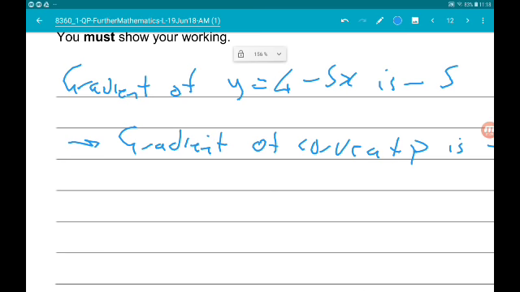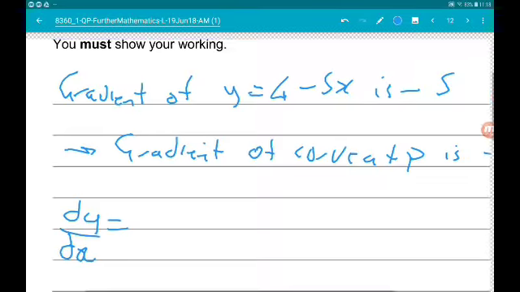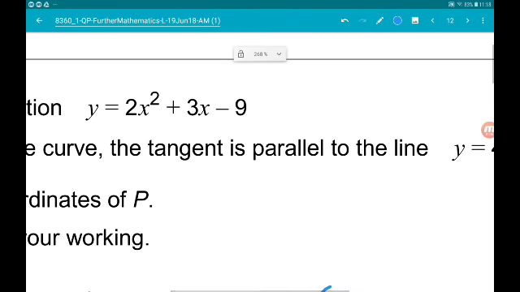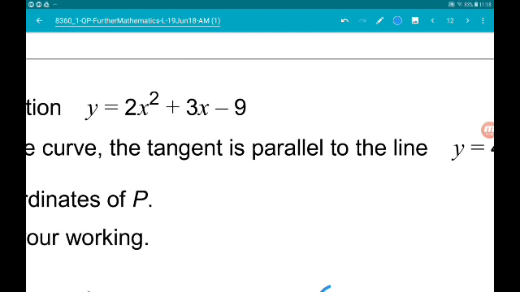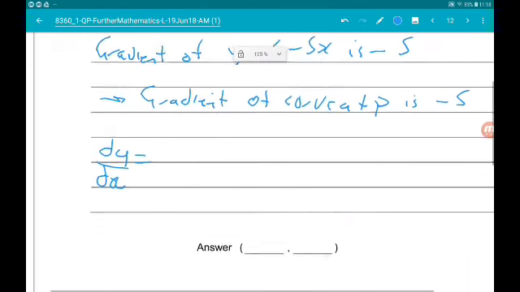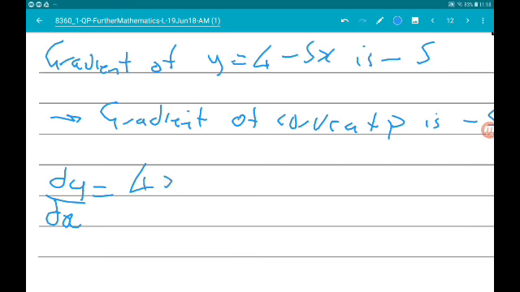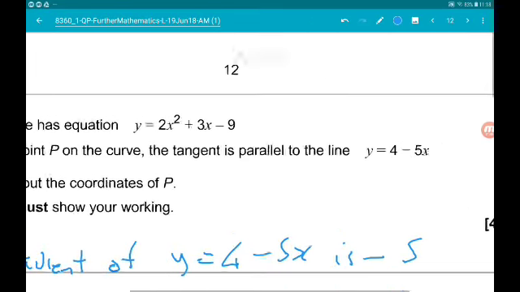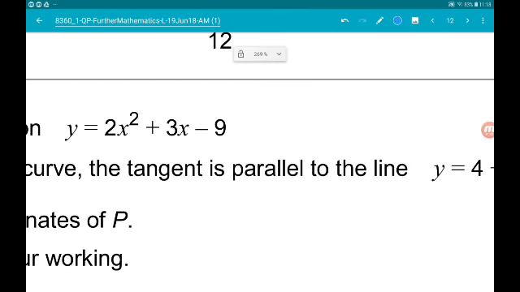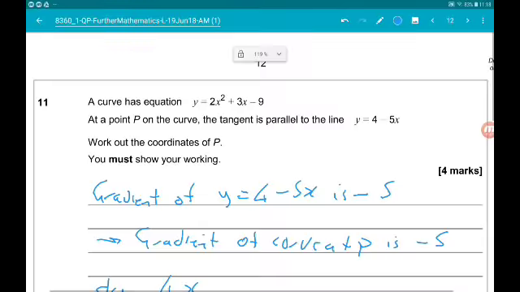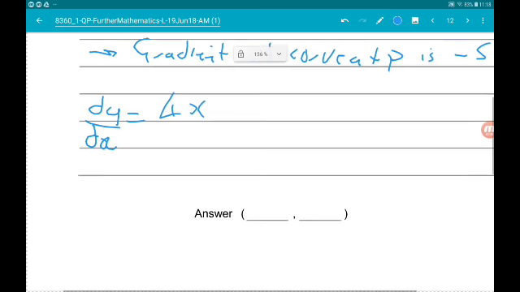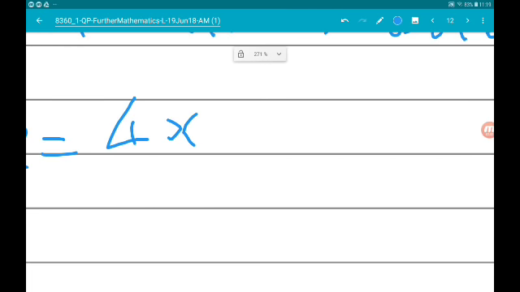So dy by dx is going to be, well, 2x squared differentiates to 4x. And then 3x differentiates to 3 and minus 9 disappears. So we get 4x add 3.